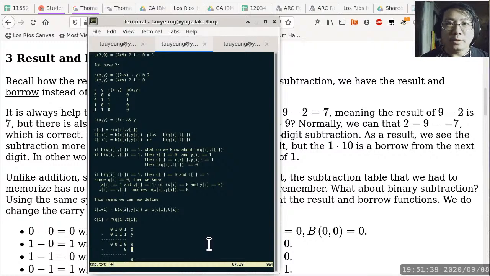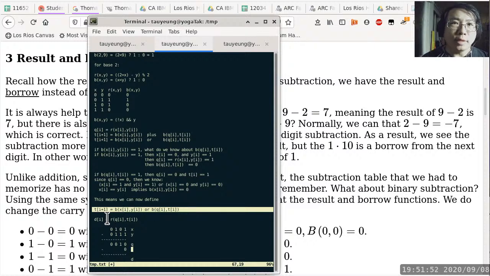The reason why we have to start on the least significant digit and then work ourselves to the more significant digits has to do with this equation here. When you look at this equation, it says in order to know what is Ti plus 1, we have to first know what is T of i. And therefore, we have to work from least significant digit to most significant digit.